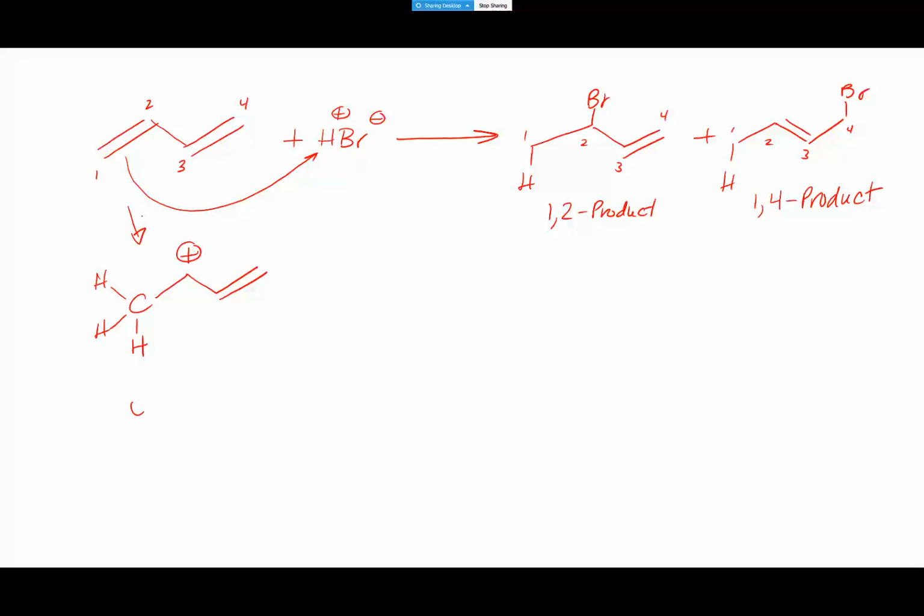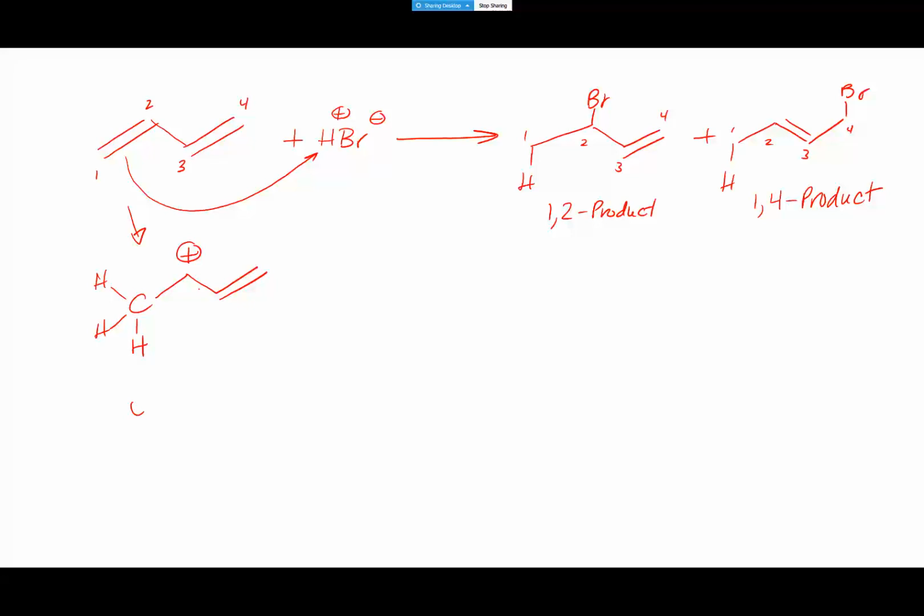Anybody's sense of deja vu coming in? So what am I going to do now? I'm just doing the mechanism. So what's going to happen? What do I have here? And what kind of carbocation? Allylic.